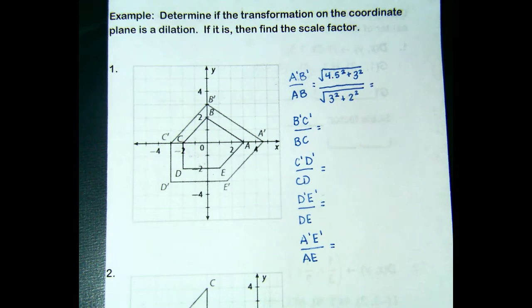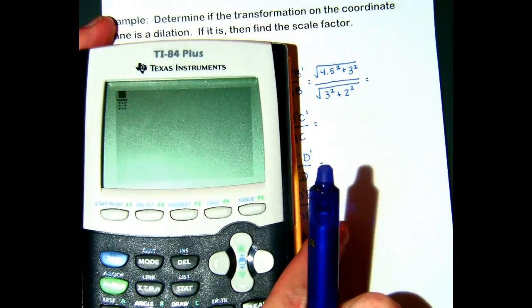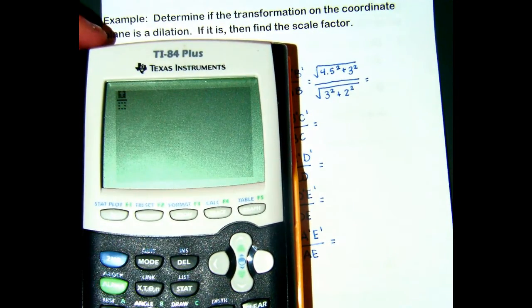And I do need to simplify those out. Your calculator will do it for you if it comes out as a whole number. So 4.5 squared plus 3 squared over 3 squared plus 2 squared.